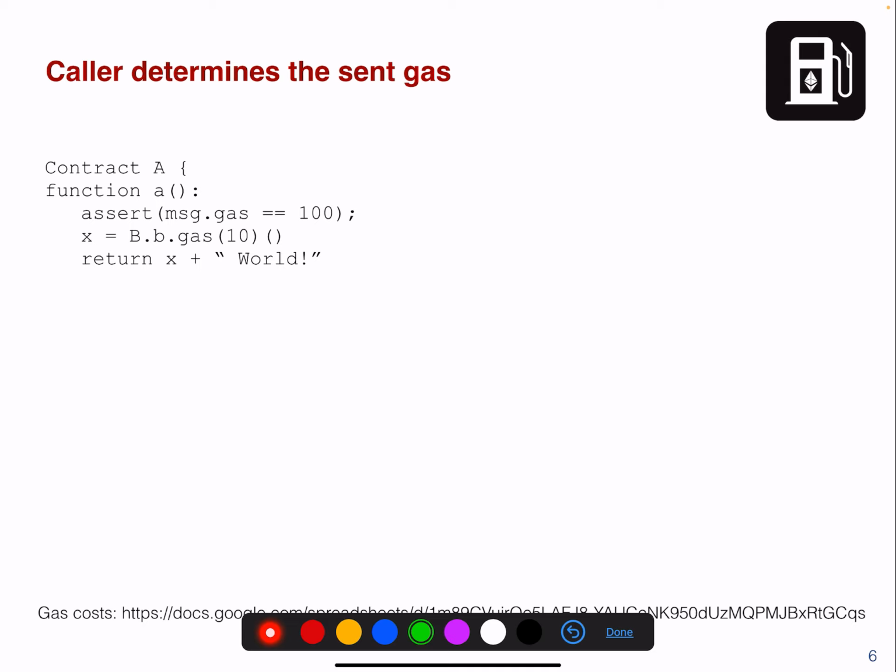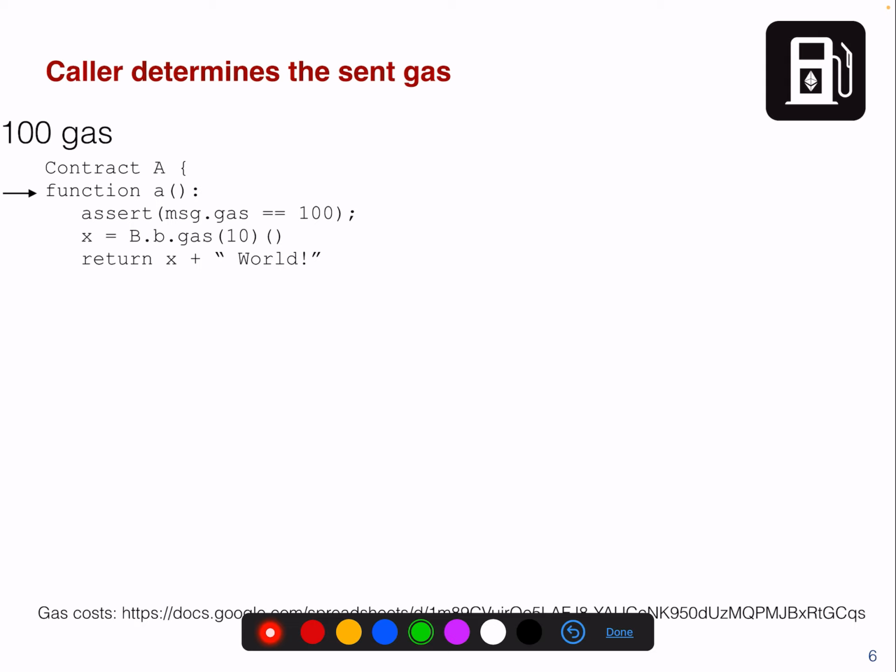So let's look at the following example. We have a contract A, which has a function small a, and we assert here that the message.gas is 100, right? So this means that somebody comes in and calls the function a and passes at least 100 gas, and that's the assert.